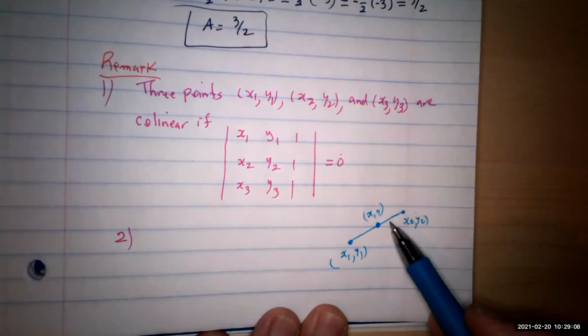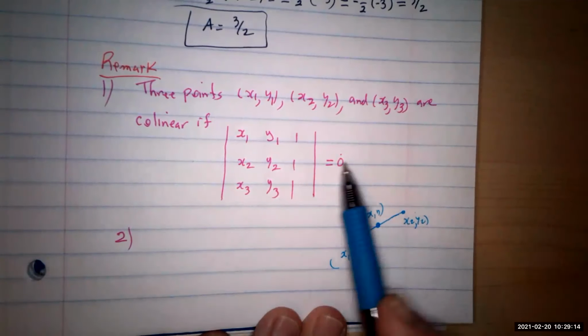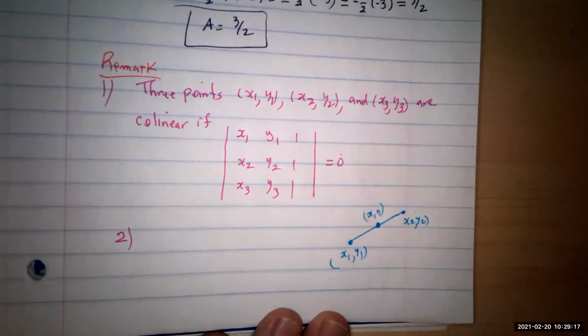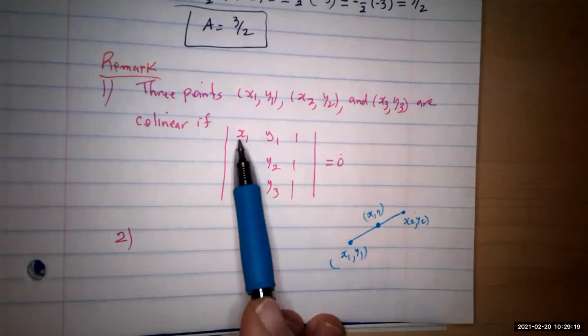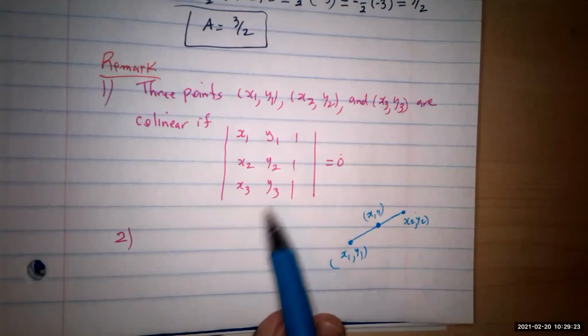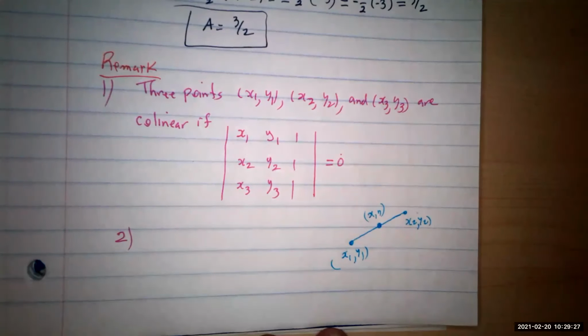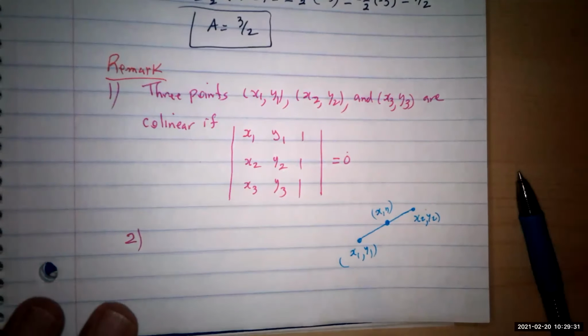They are collinear because they are on the same line. If they are collinear, this determinant must be 0. So you pick x1, y1, 1, x2, y2, 1, x, y, 1. You let it equal 0, that gives you the equation of the line. Okay, this is the idea of using the determinant. So it's not bad to know this one too.